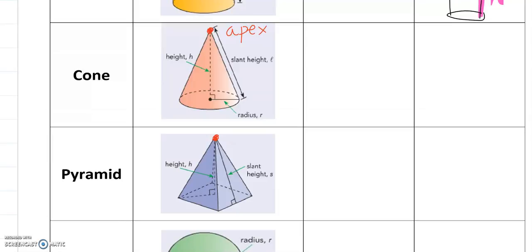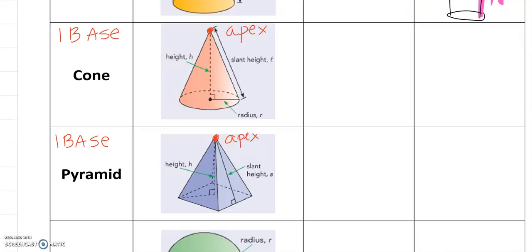So that's the apex, and this one also, it's an apex. Now we have lots of different things listed in this diagram, and we're going to get to them in a second. But before we get started, for a cone and for a pyramid, there is only one base. One base for a cone, one base for a pyramid. Opposite that base is your point, your apex. So you have to keep that in mind.